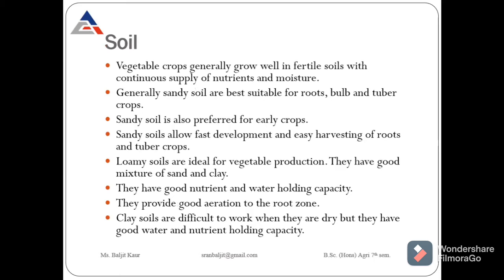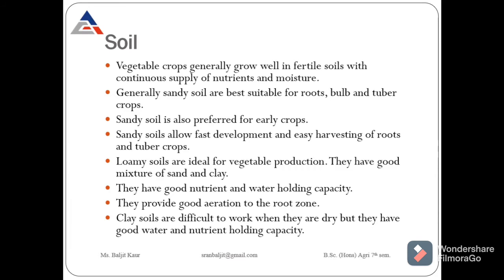Now soil, the effect of soil on the vegetables. So most of the vegetables grow well in fertile soils with the continuous supply of the nutrients and moisture. As plants take all the nutrients from the soil and they are also taking moisture from the soil, soils play a very important role in their growth, in their development.